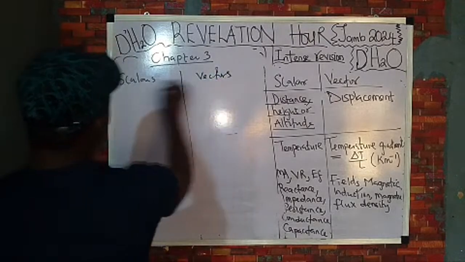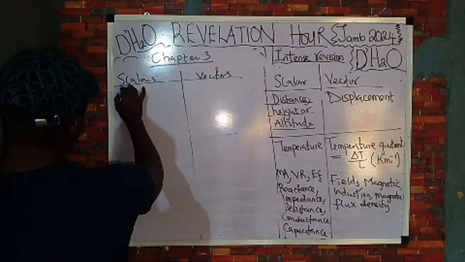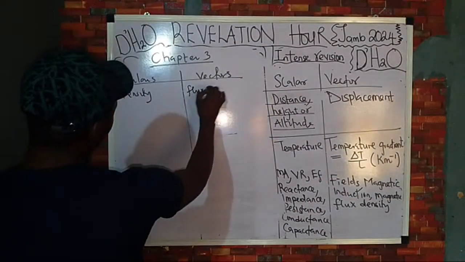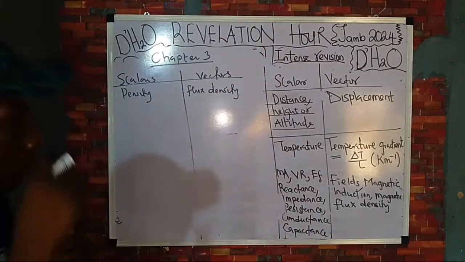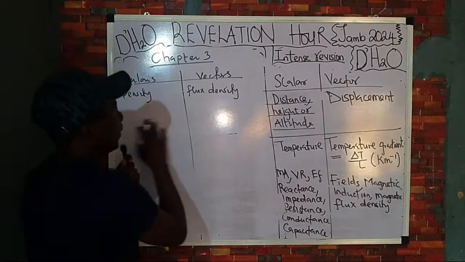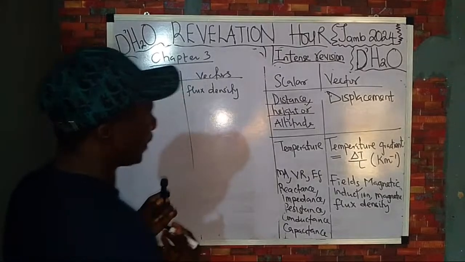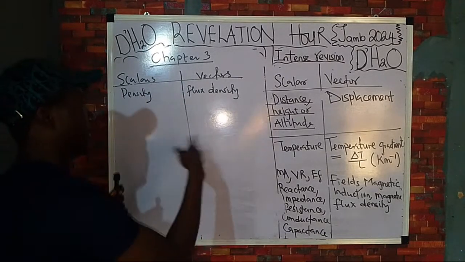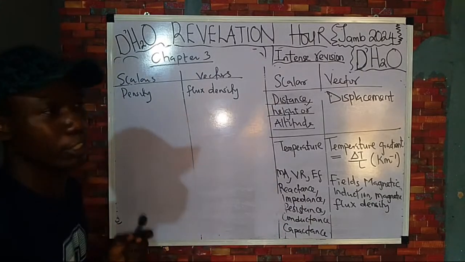Now let's continue class. If your density is scalar, your flux density will be what? Vector. Please take note of that. Density is scalar, flux density is what? Vector. Okay, what other units do we have that are scalars and vectors? Remember, I've given you acceleration, velocity, momentum, impulse.